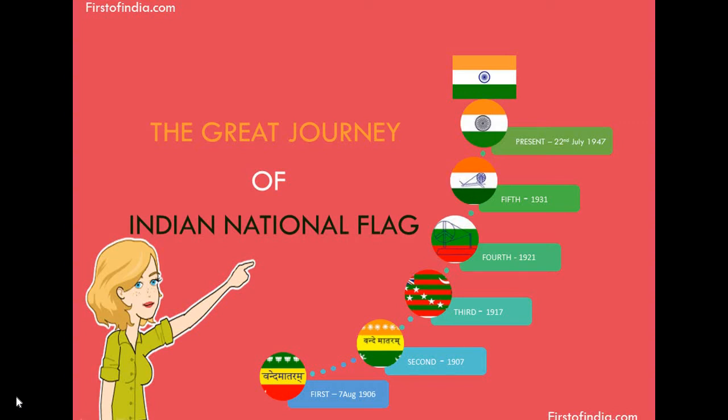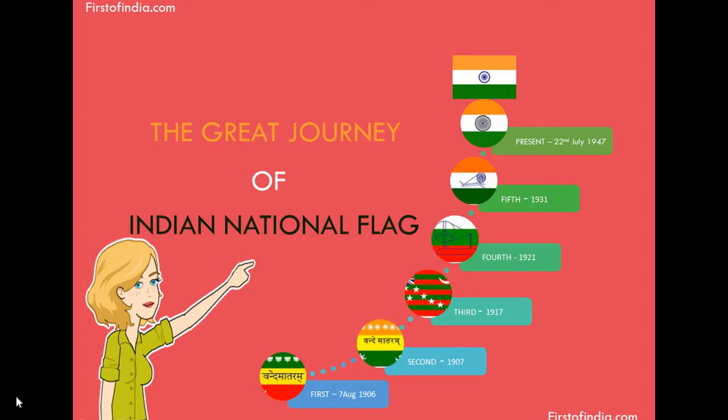The first flag was designed on 7th August 1906 and I have given you the picture. Vande Mataram was written on that flag. In the middle it was yellow, with saffron and green, and a lotus was there. Then the second flag came in 1907, orange, yellow, green. Again Vande Mataram was mentioned there. The third one was designed in 1917.